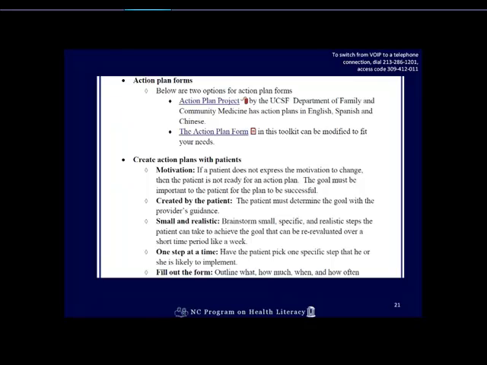I think that is a little bit different than just handing educational materials, or even if you use the educational materials in the visit, the action plan is more personalized even than that, and so it was, again, a very positive response from both the patient and the physician.